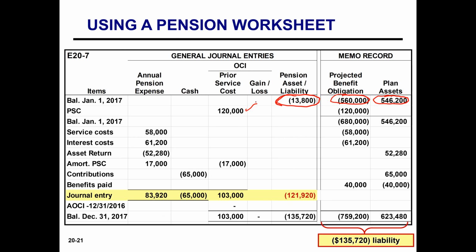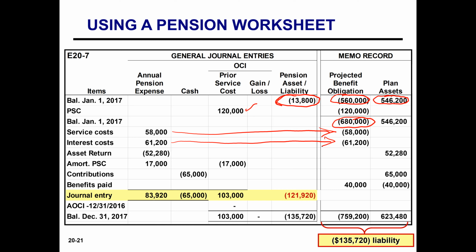So again, that increases our projected benefit obligation from 560 to now 680, right? Service cost, as we can see here, also increases our projected benefit obligation, and interest cost also increases that projected benefit obligation.